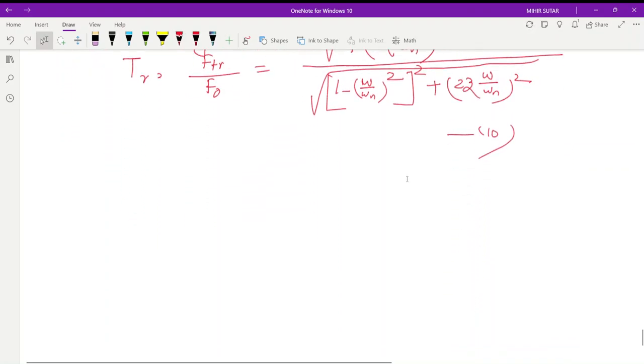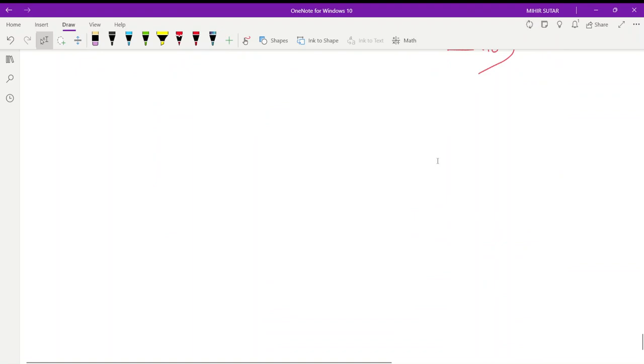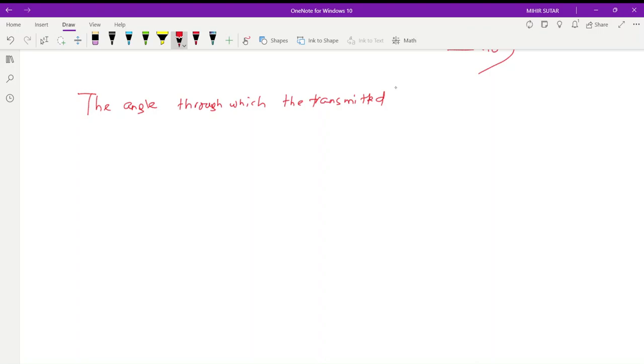Okay, so the angle through which the transmitted force lags the impressed force, which is the applied force, is phi minus alpha.